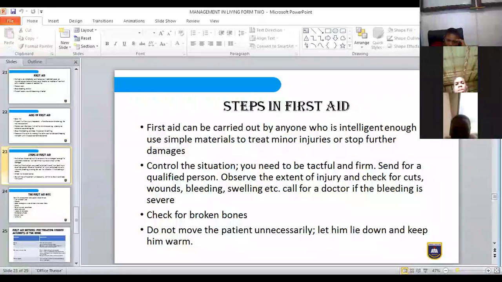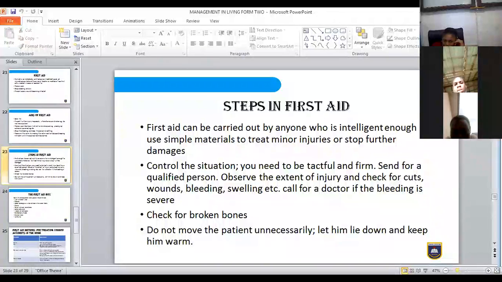So we are saying that, first of all, when you are carrying out first aid, you, the person doing that, must be intelligent enough, and you must use simple materials for the treatment in order to stop further damage. You are just giving first aid. You are not a doctor or a nurse.